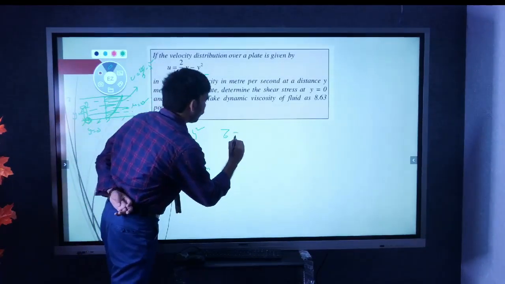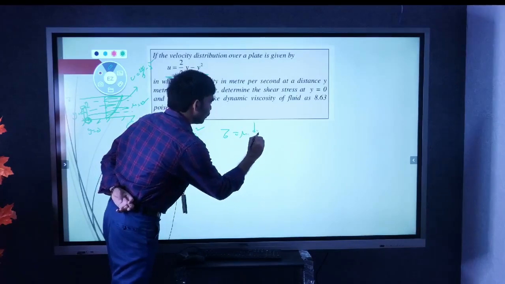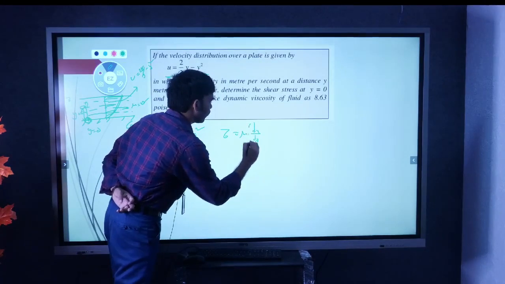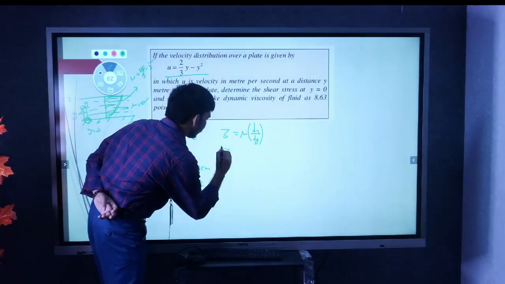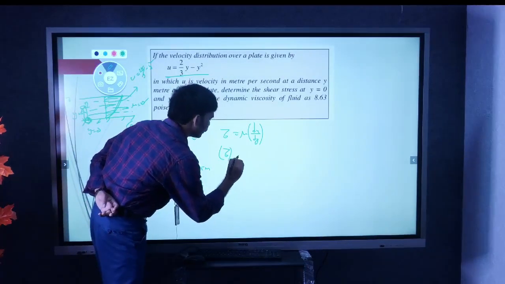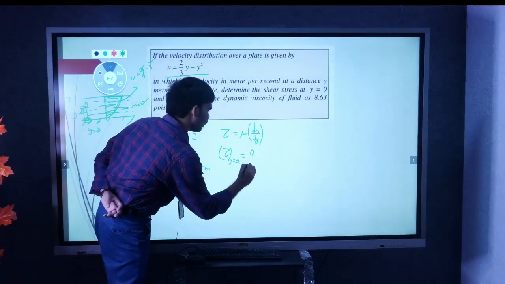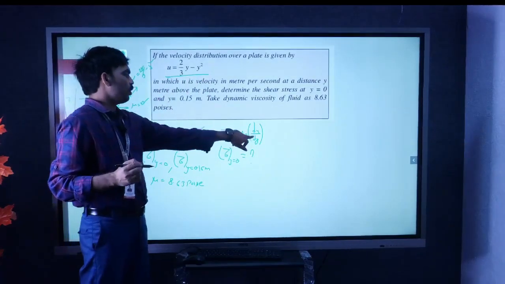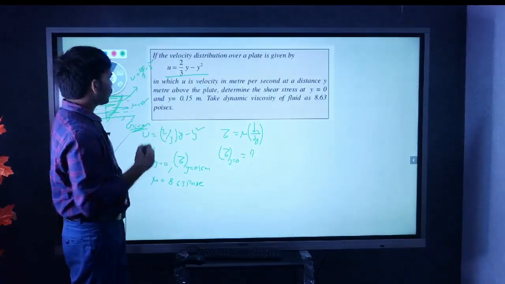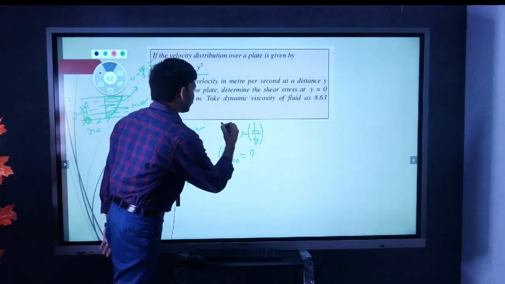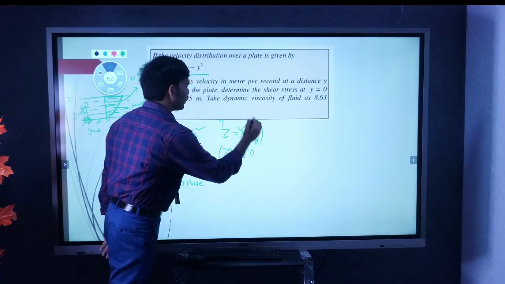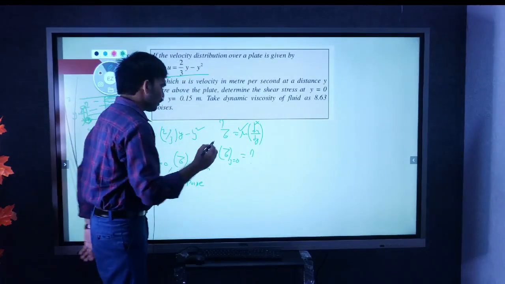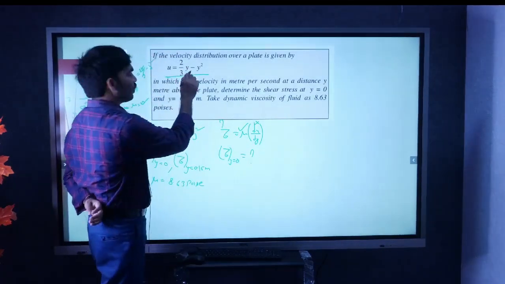Tau is equal to mu into du by dy, right? What you have to find out is tau at y is equal to 0. First you have to find du by dy. Shear stress you need to find out; mu you know, and du by dy you don't know, so this also you have to find out. So what is u? 2/3 y minus y square.